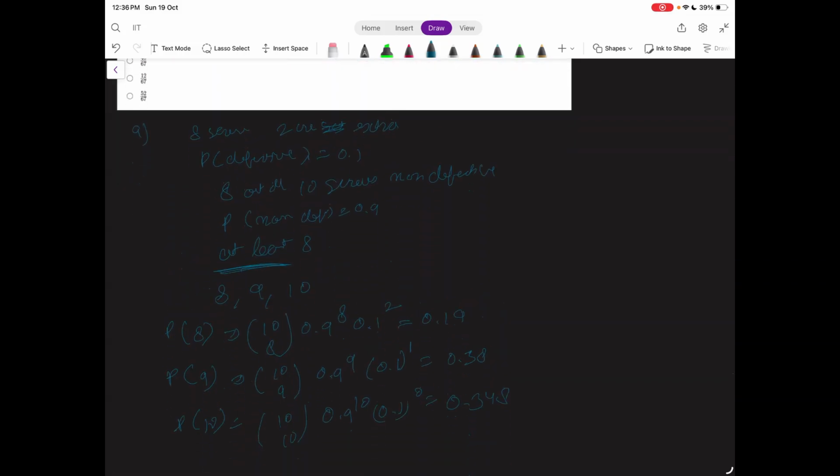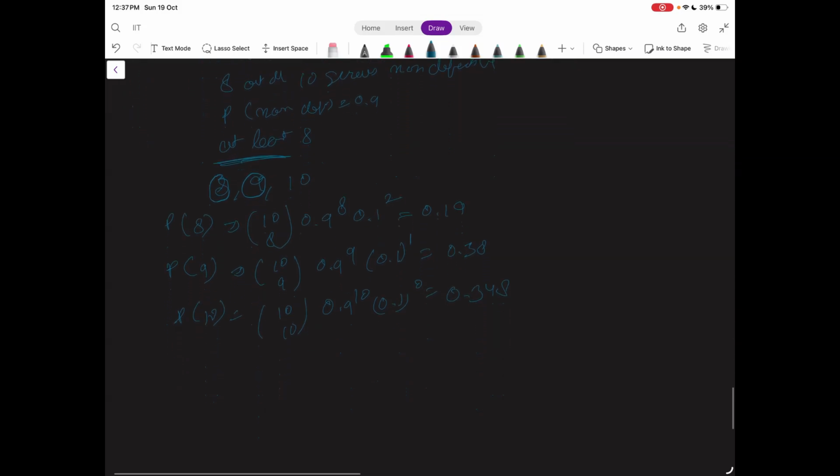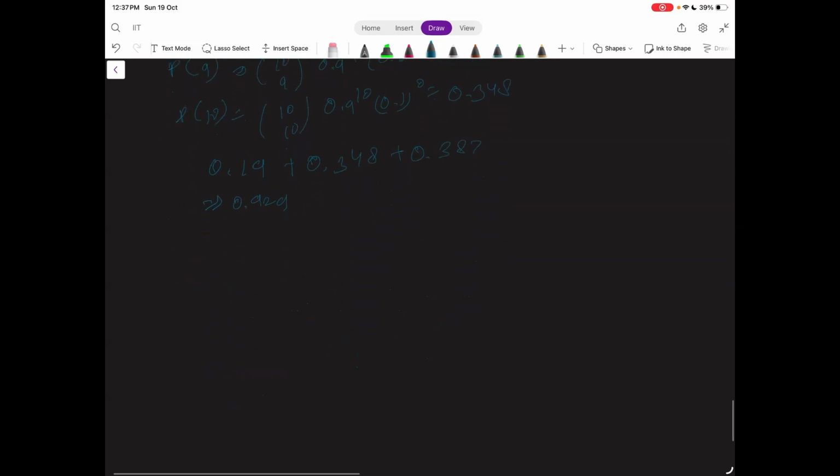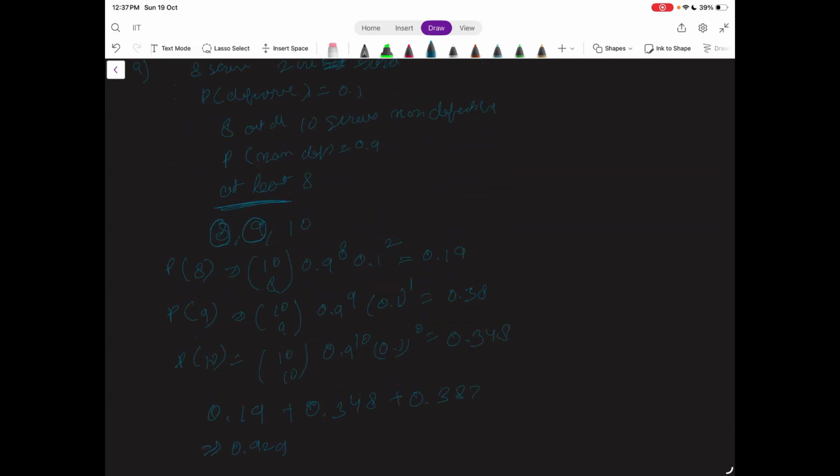To assemble, you need exactly 8, or exactly 9, or exactly 10 screws. Because the keyword here is "or", you add all these probabilities. Your final answer is going to be 0.929. Nothing too complex.